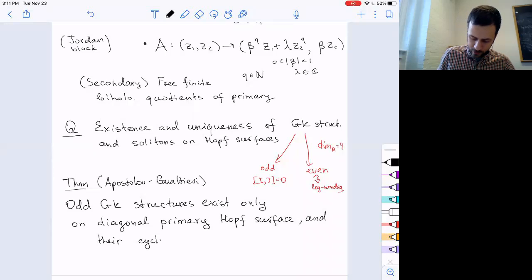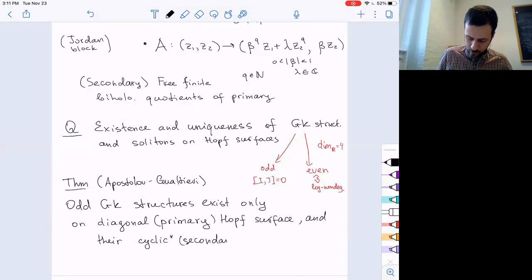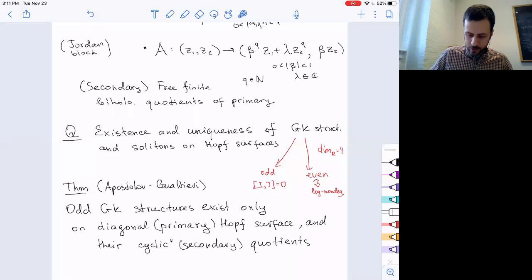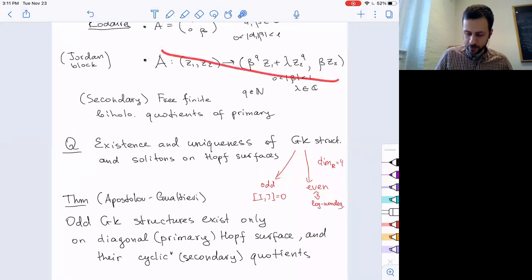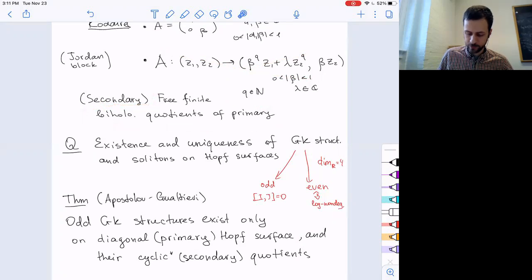Their cyclic secondary, specific. So this case of Jordan blocks is forbidden, and not all finite holomorphic quotients are allowed either.